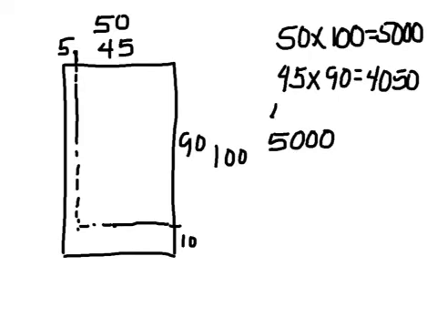So we're going to see what percent we lost. 4,050 is equal to 0.81 of 5,000, or 81%.